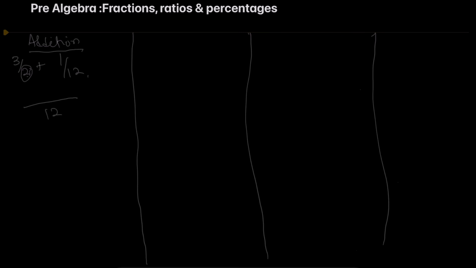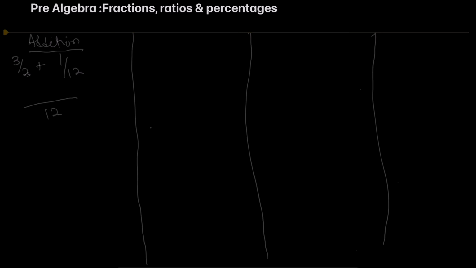So here we have our 12 that we have written. Then we take 2, we divide 2 into 12, and we have 6.